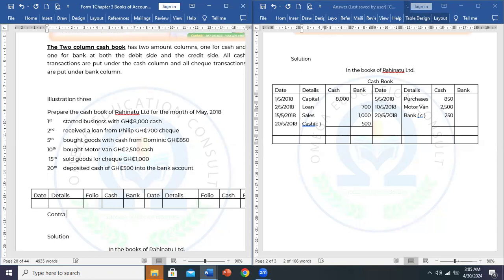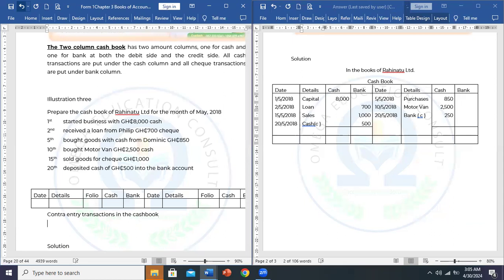In your preparation of the cash book, these are some of the transactions that could lead to a contra entry: when you deposit cash into bank, or when you withdraw money from bank. So, contra entry transactions in the cash book.